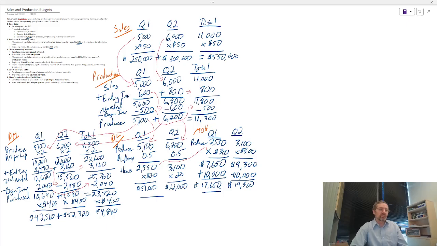And why do we need to know that number? In accounting, when we make a sale, we have to assign a cost of goods sold to that sale. So when we finally produce the lamps and sell them to a customer, we have to say, this is how much our lamp cost us to make.